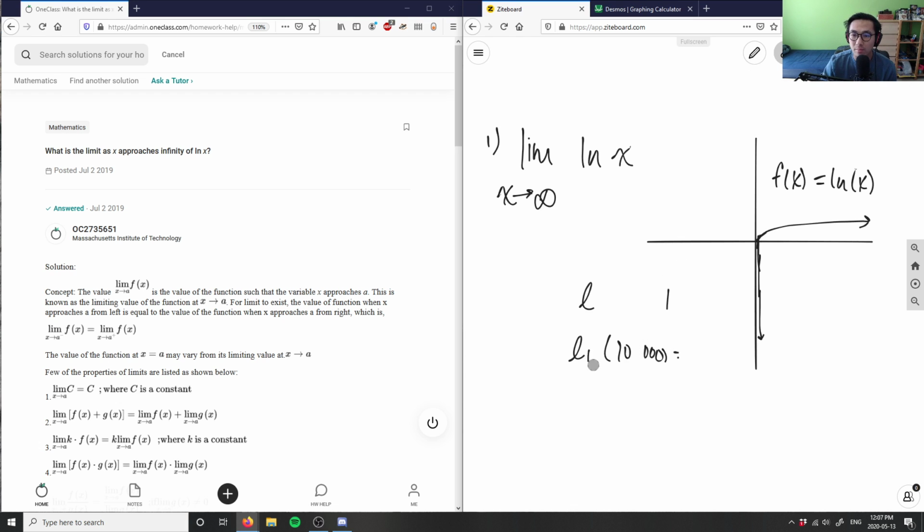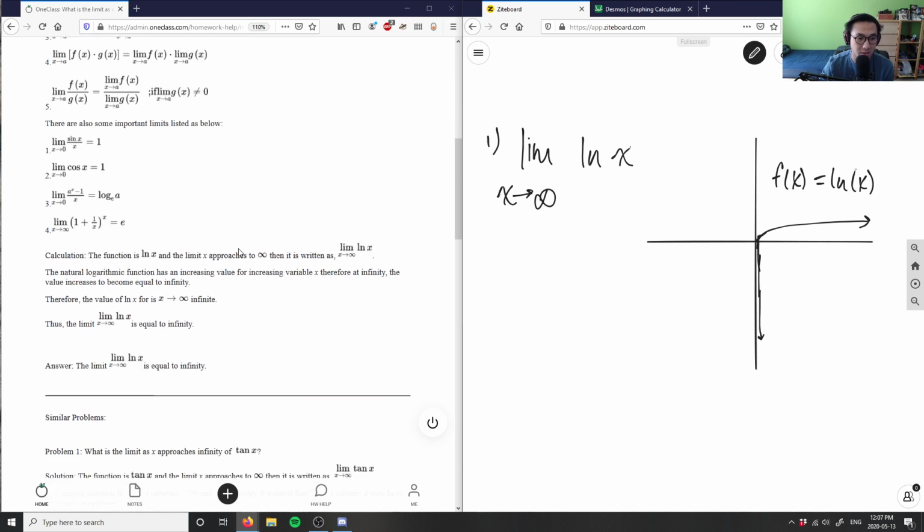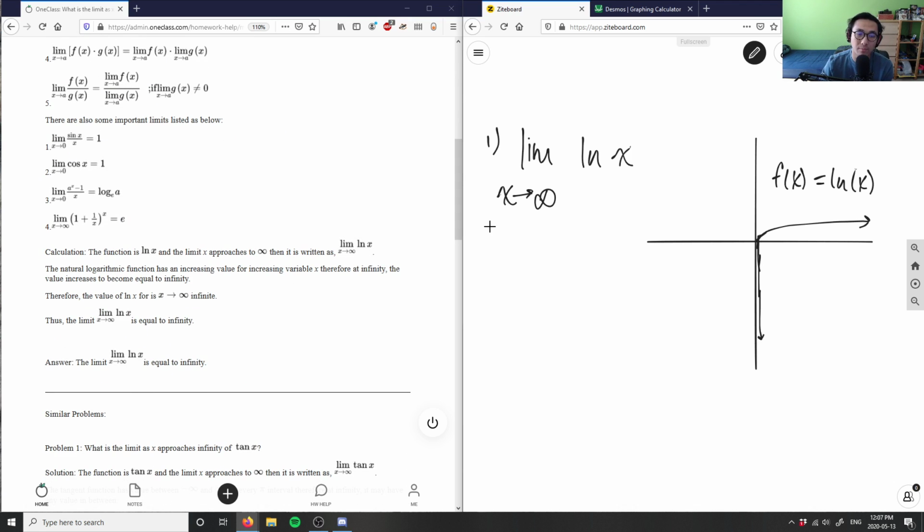This means that my limit as x approaches infinity doesn't actually approach a specific value. It also approaches infinity. So in this case the limit does not exist as a number, and it's approaching infinity. It doesn't approach a specific number, so this solution is correct. The limit is going to approach infinity.